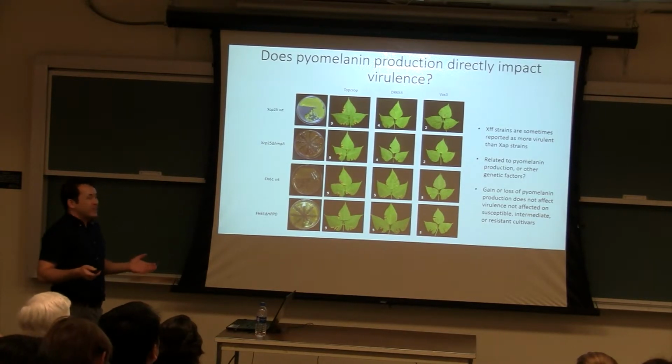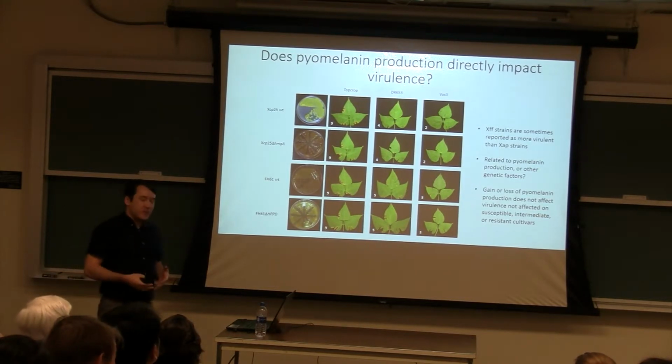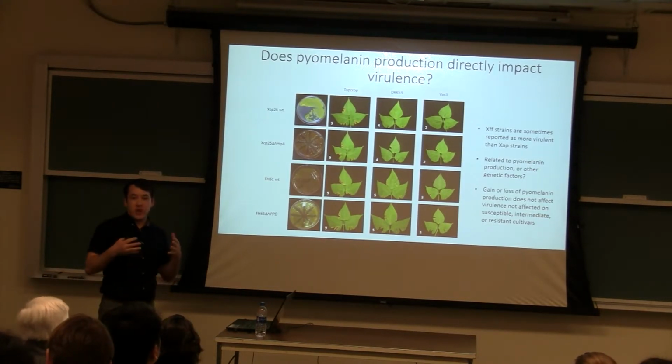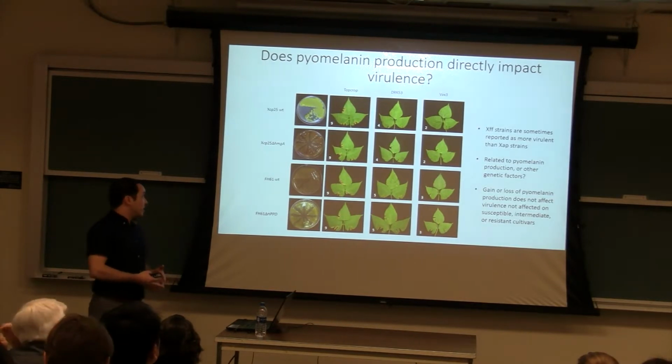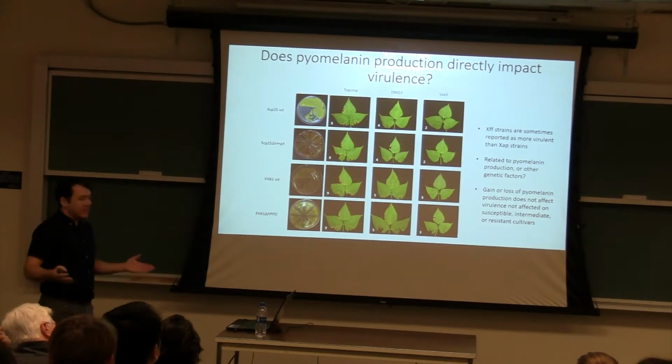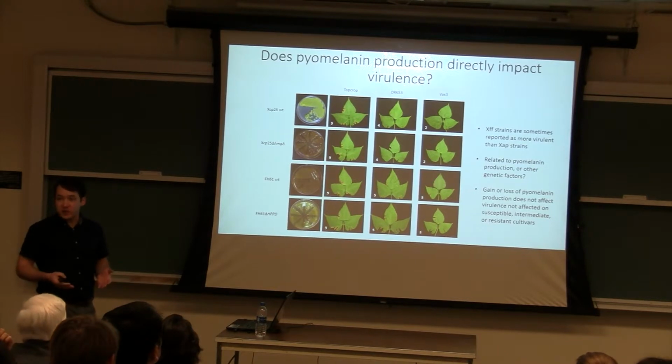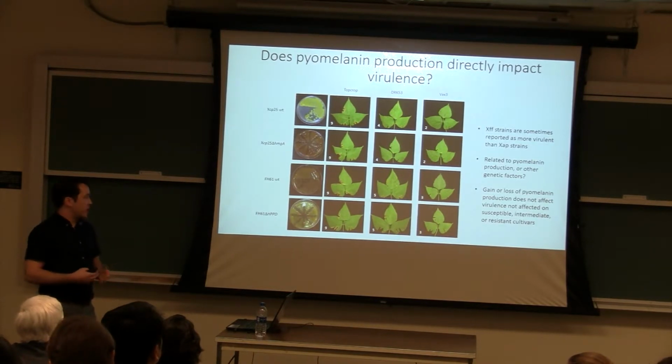But it seems like there's no consistent, significant difference between these mutants and the wild-type strains, right? It doesn't seem like this has a direct impact on virulence, but that doesn't mean it's not involved in something else, like survival, right?